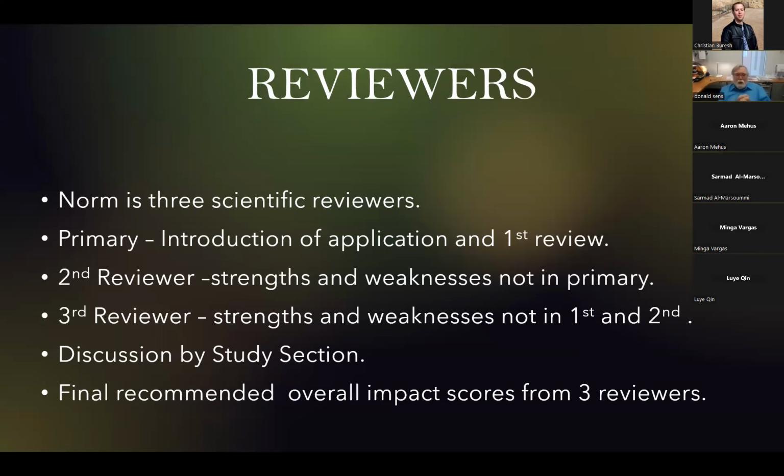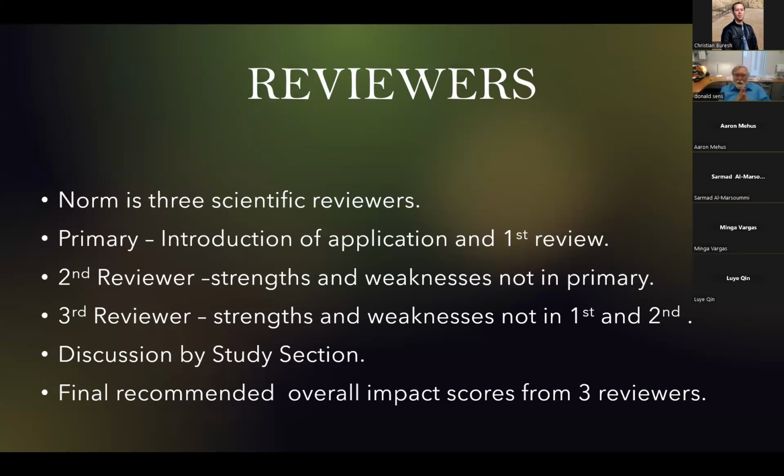It'll be a pretty open discussion, and it can go on for a long time, or it can be very short. It just depends on how the whole study section looked at those 3 reviewers that reviewed your grant.